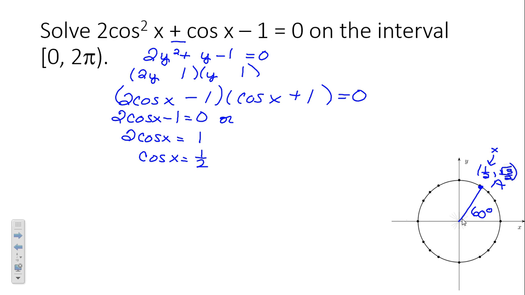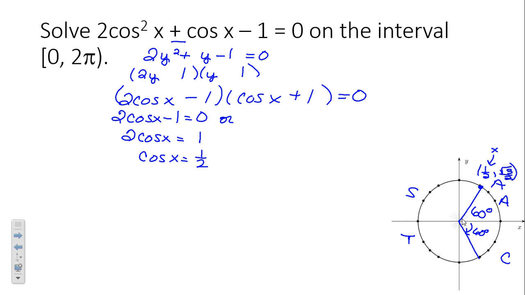Okay, where else is the cosine positive in this one revolution around the unit circle? 300, because everybody is positive here. Sine, tangent, cosine, we want a 60-degree angle down here, and that's a 300-degree angle.